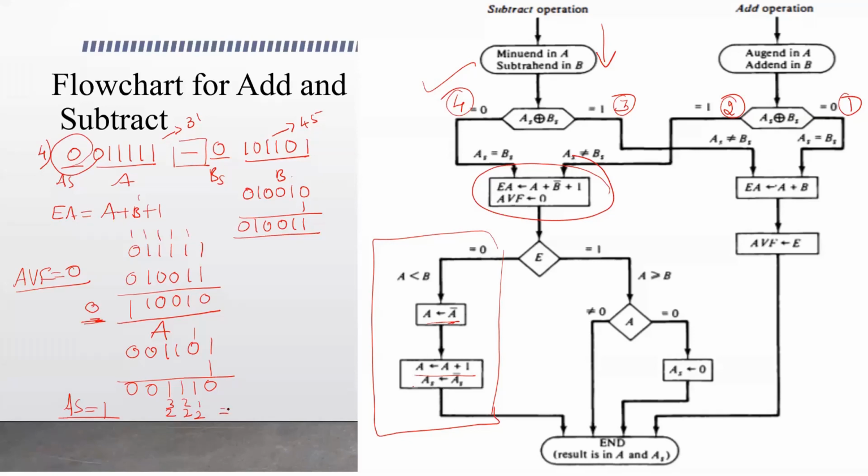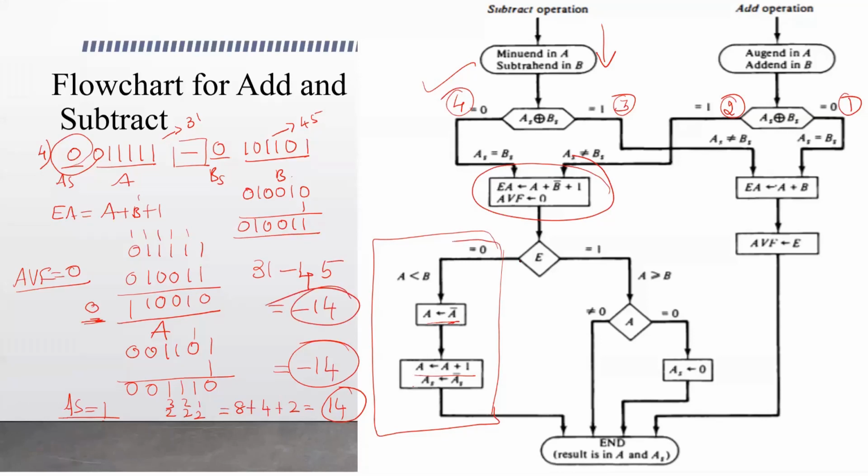It is 8 plus 4 plus 2, which is 14. And the sign is 1. So we say the result is minus 14. Correct? 31 minus 45 is minus 14.